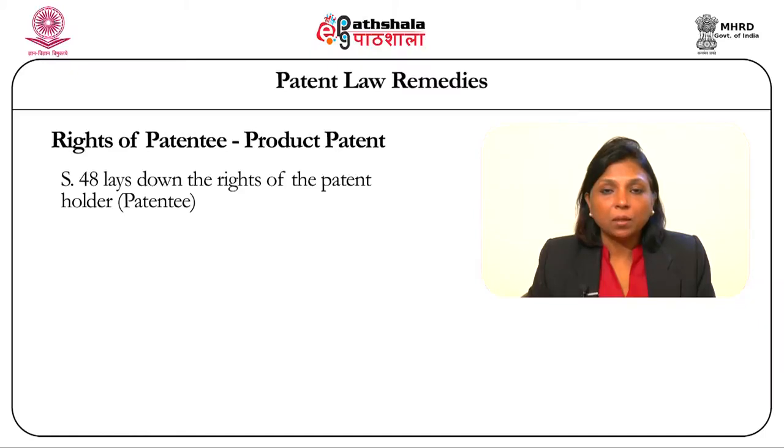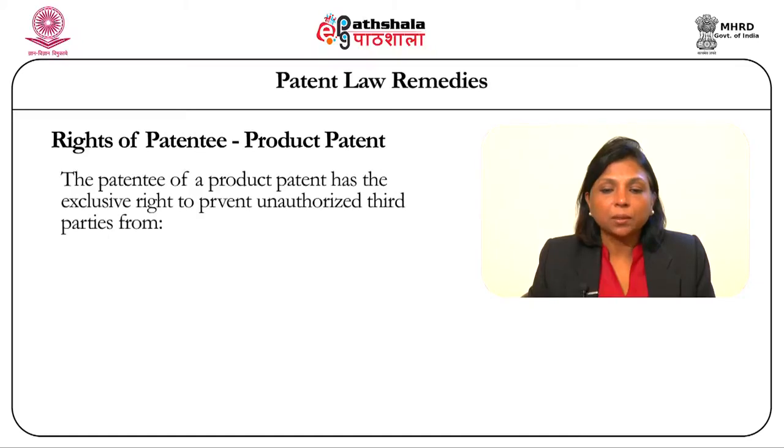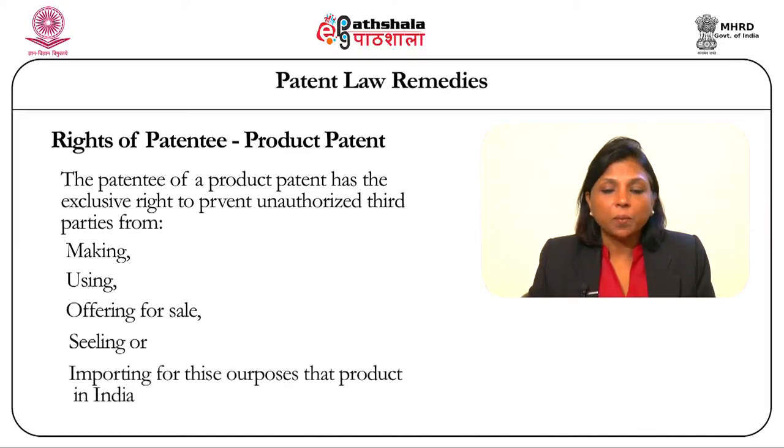To quickly sum up, the right under the Patent Act of a patent owner is territorial in nature. It will extend only within the jurisdiction of India. The rights are subject to the exceptions laid out in the various sections, including Sections 47 and 49 of the Patents Act. The patentee of a product patent has the exclusive right to prevent unauthorized third parties from making, using, offering for sale, selling or importing that particular product into India.